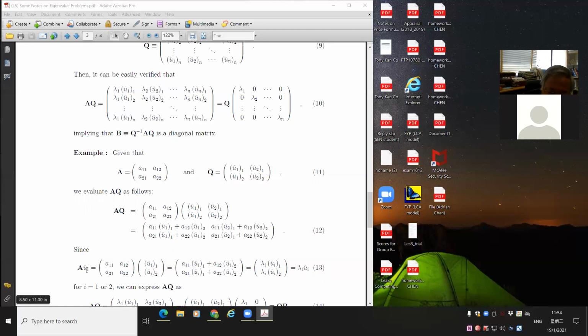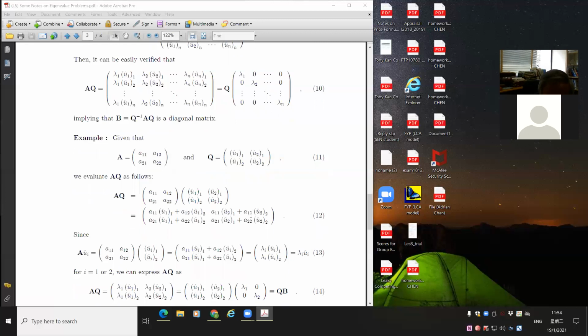We claim that it will give you back the original eigenvector with this additional prefactor, lambda i. So this is equal to lambda i times the first element of Ui. This is equal to lambda i times the second element of the ith eigenvector. Then realizing this, we compare with equation 12. What will we get?